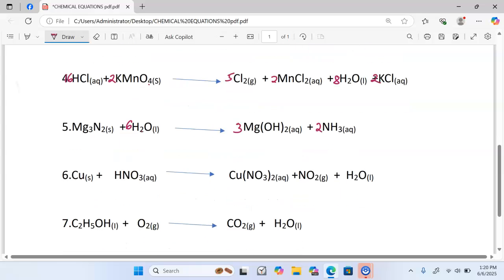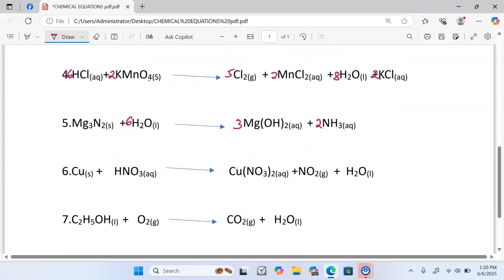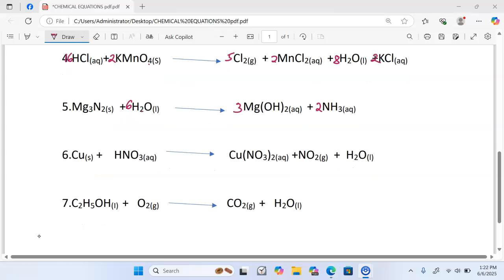We can now move to copper plus nitric 5 acid, giving us copper 2 nitrate, nitrogen 4 oxide, and water. So to balance copper, the reaction between copper and concentrated nitric acid, we can write 8 behind nitric 5 acid.